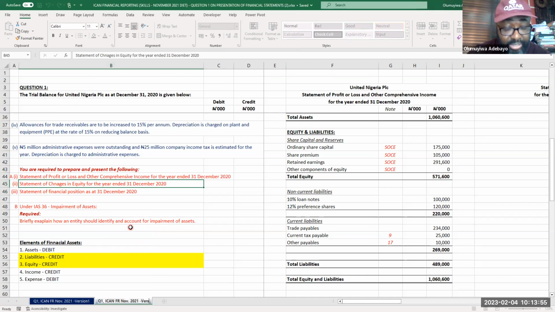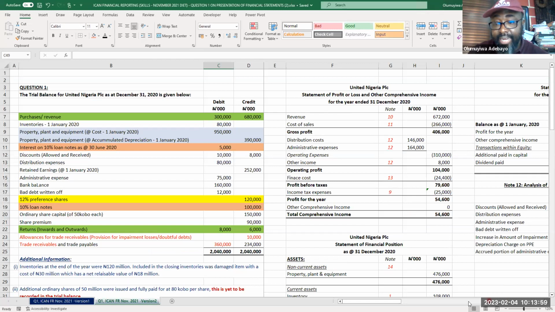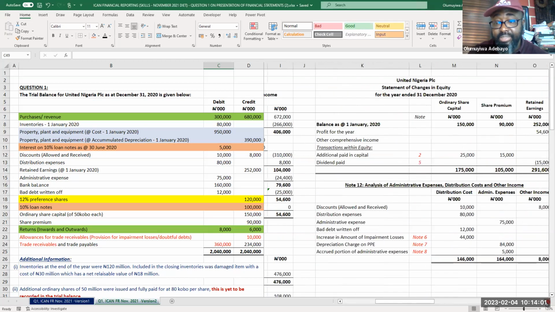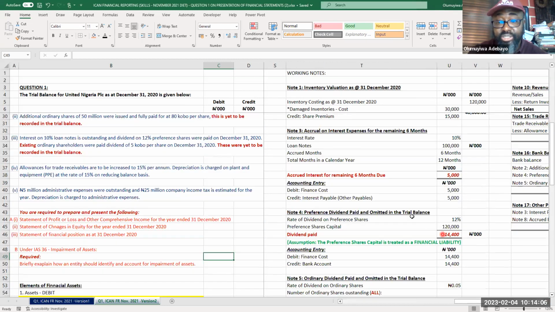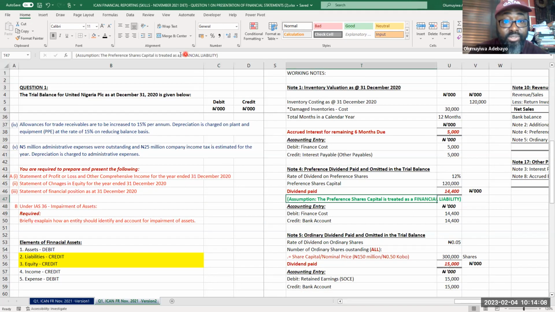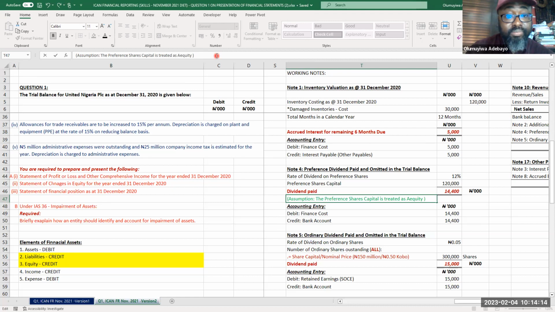What am I just going to change there? Where I assumed that preference share capital is a financial liability, I will now change it so that preference share capital is equity. Equity instruments.